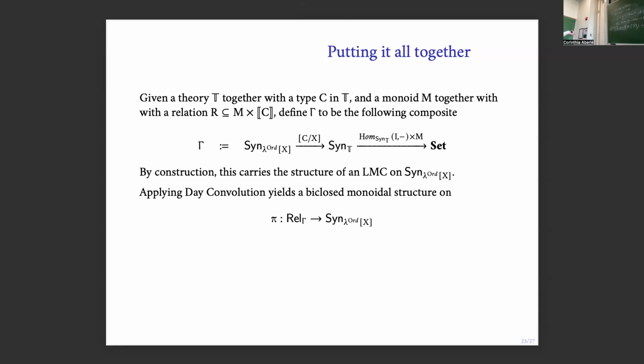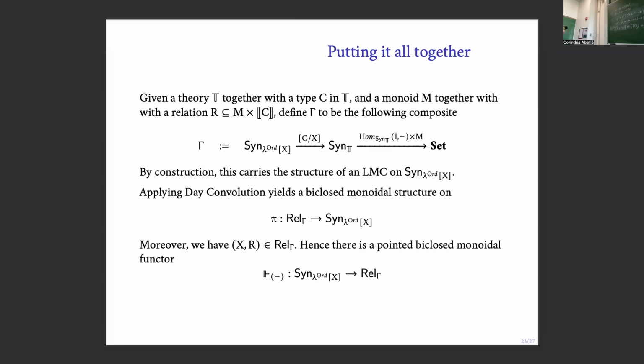And then applying day convolution yields a biclosed monoidal structure on this category of relations of gamma, which we're viewing as a category over this syntactic category.